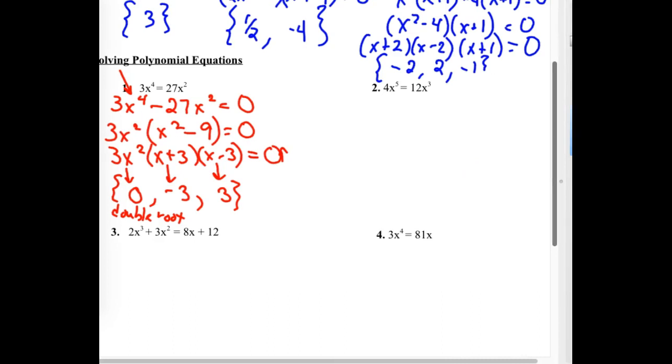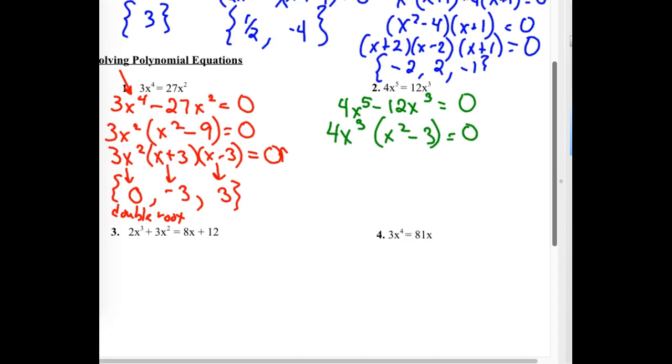Our next example, let's bring the 12x cubed over. Now what's common that I could pull out? Yes, 4x cubed. If I pull a 4x cubed out, what is left? X squared minus 3. Now, x squared minus 3, the 3 is not perfect, right?